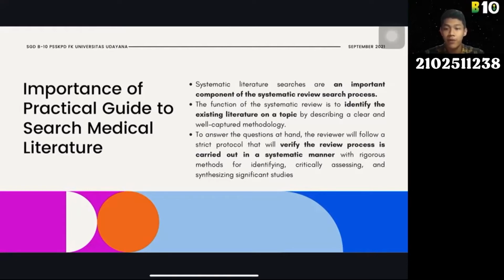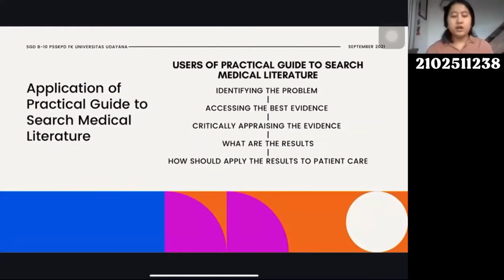The reviewer will follow a strict protocol that will verify the review process is carried out in a systematic manner with strict methods for identifying, critically assessing, and synthesizing significant studies.